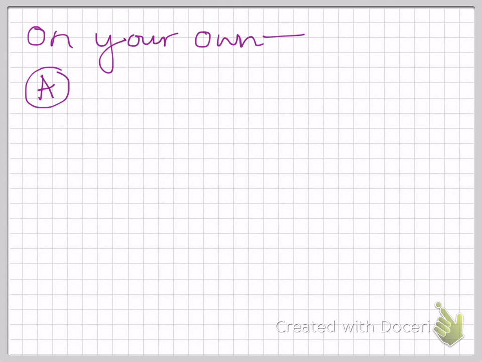Okay, let me get my purple marker. You know what that means, on your own. Get ready to rumble. I want to see 3 problems. A, remember, solve the inequality and graph. Yes, and graph. Y minus 6 is greater than negative 7.